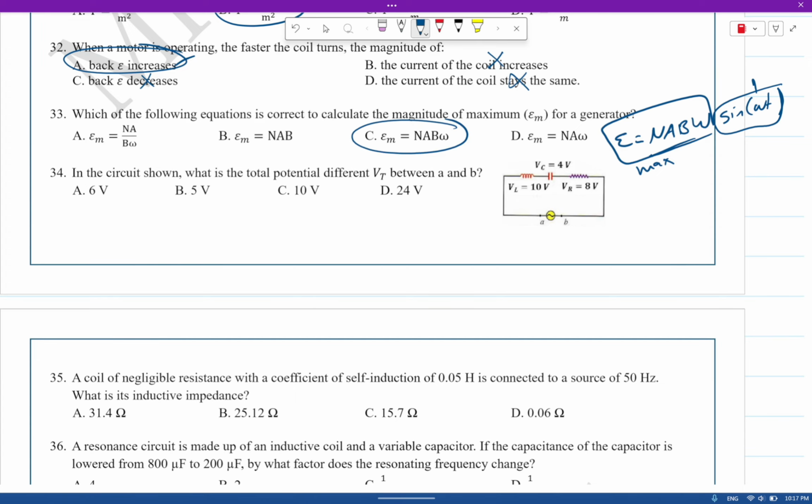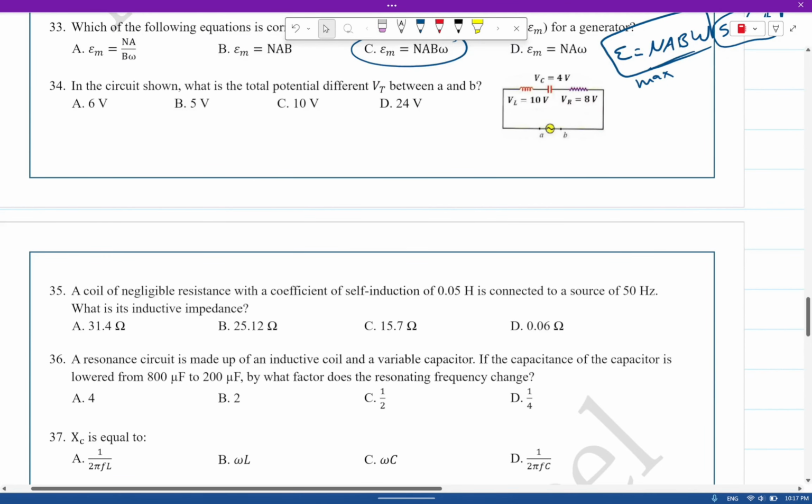All right, question 34 says, in the circuit shown, what is the total potential difference VT between A and B? In this case, since this is a series circuit, we can say the total potential difference is the square root of VR squared plus VL minus VC, the whole thing squared.